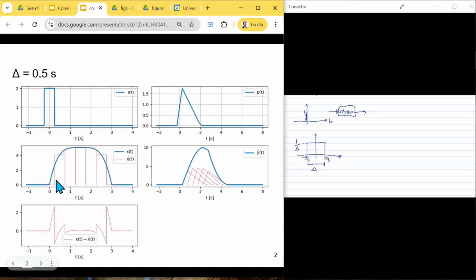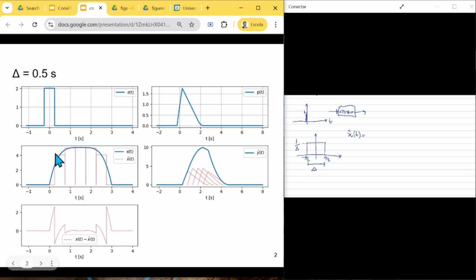The red one is the approximation, and here is the difference, the error of the approximation. It's quite large if I have delta equal to 0.5, but let's see what's happening here. So I am approximating x of t. Let me put a hat on the x to denote the approximation. I am approximating it as a sum of r's of t.